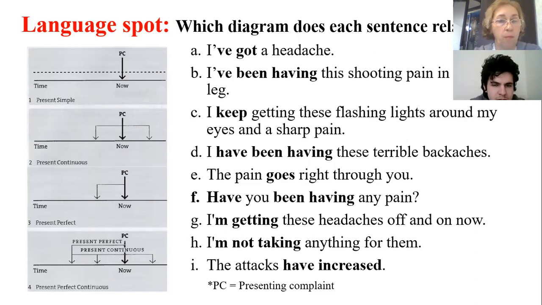So it's present simple. Yes, actually, it's present simple. I have a headache, but formally this is like present perfect. I have got, right? So the next is for Zena, sentence B.